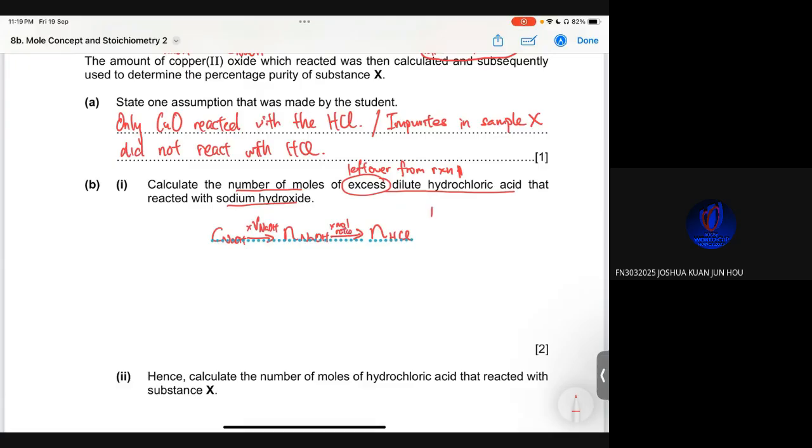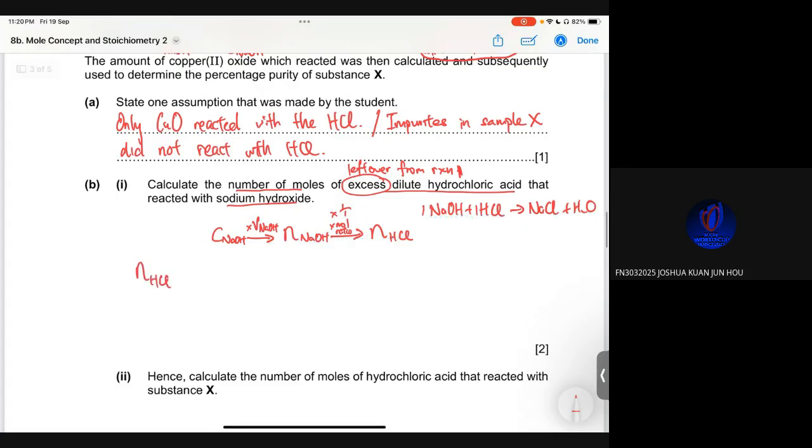Let's write the equation. Sodium hydroxide plus HCl gives me NaCl plus H2O. So this is balanced. If you look at the whole thing, it's balanced. So I know the mole ratio is 1:1, so actually times 1/1. Let's do it all in one step again.